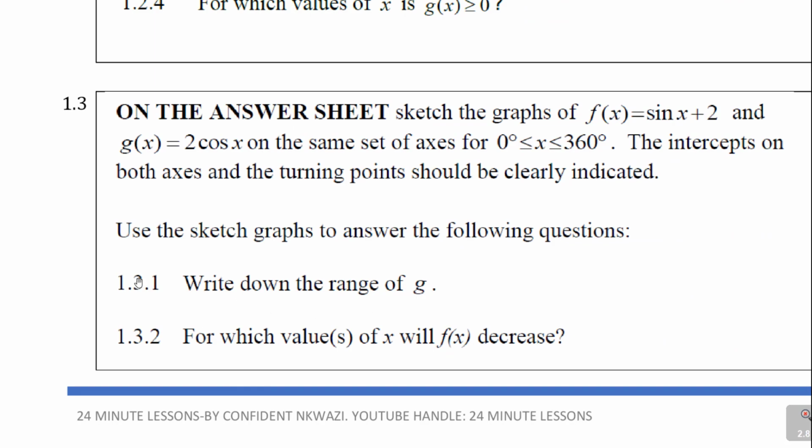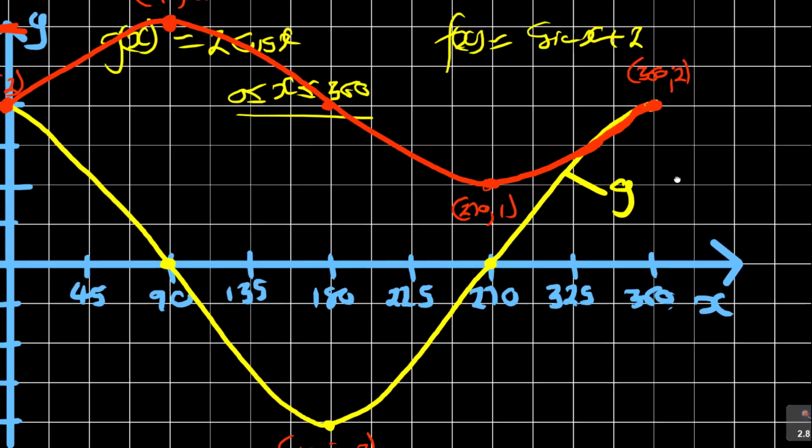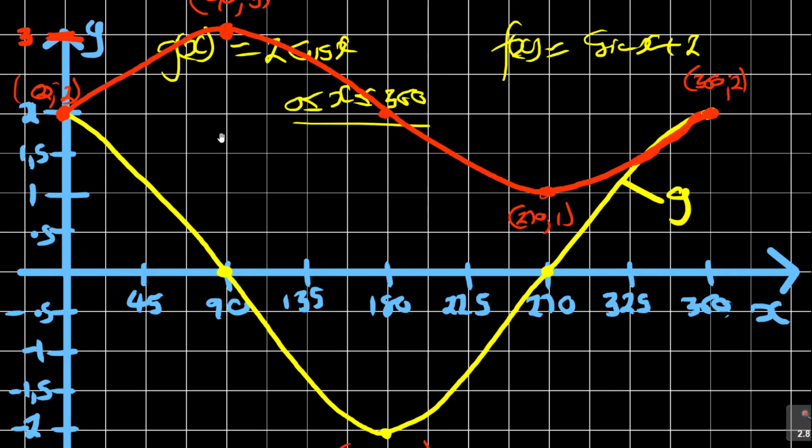Then what's the next question there? It says write down the range of g. Remember, range is from the minimum to the maximum. From the lowest point, go up to the turning point. So it starts from negative 2, less than or equal to g of x, or you can call it y, which is less than or equal to the last number, which is 2.